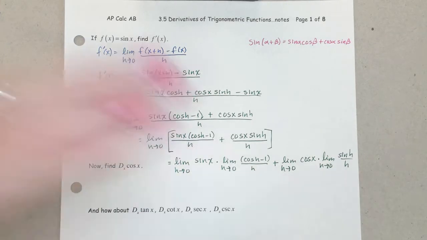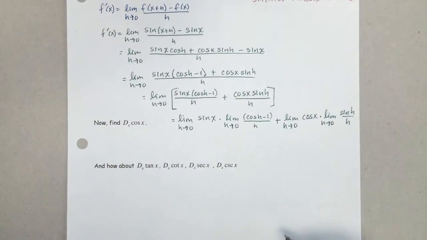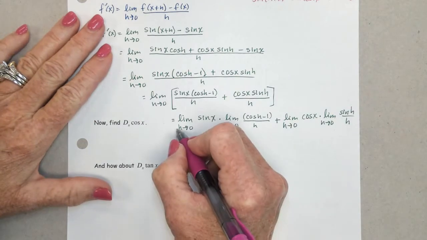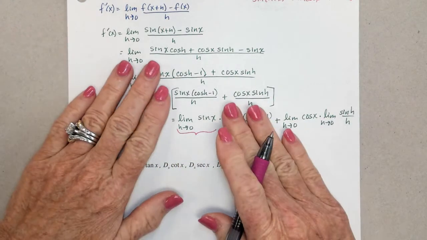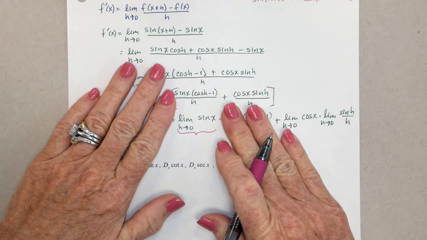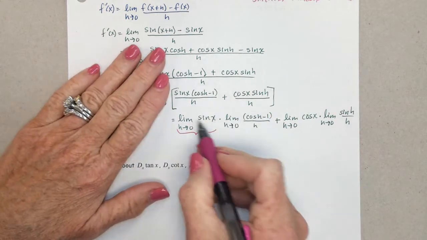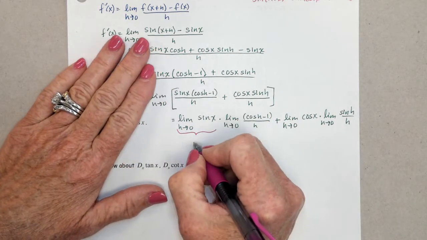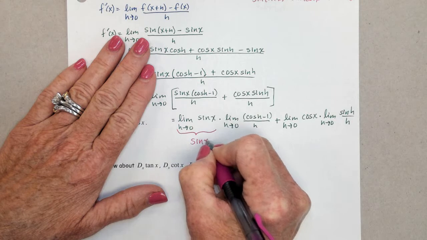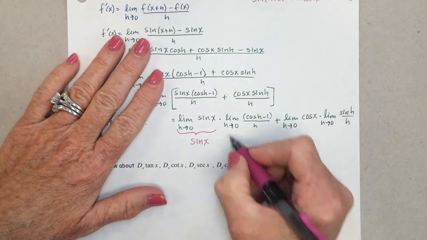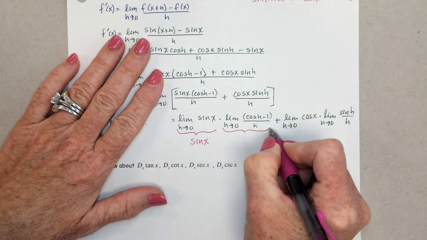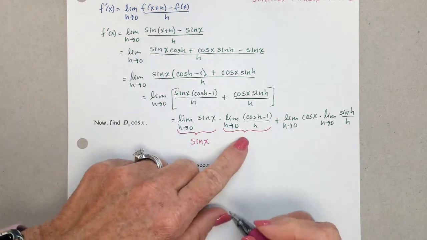And evaluating each of these limits here, the limit as h approaches 0 of sine x, there's no h's in there to plug in, so that is just sine x. This limit is a memorized one.